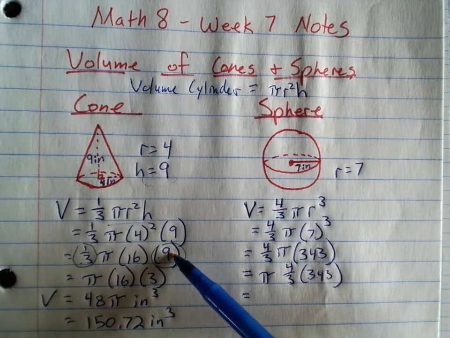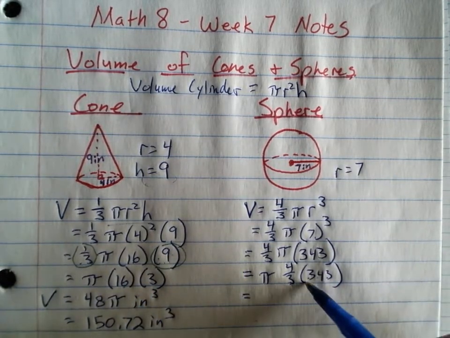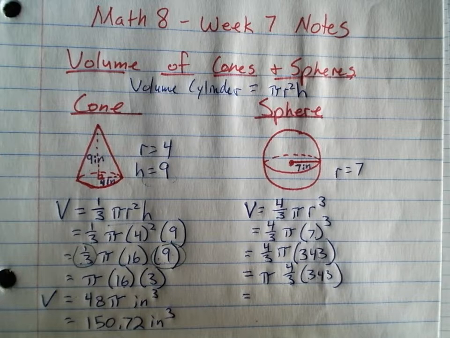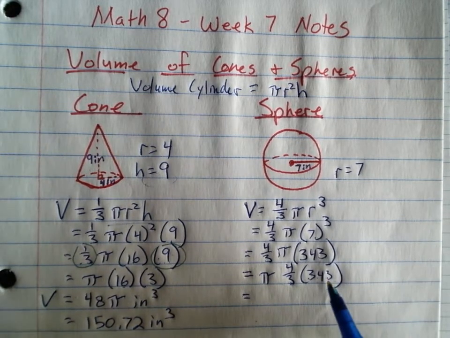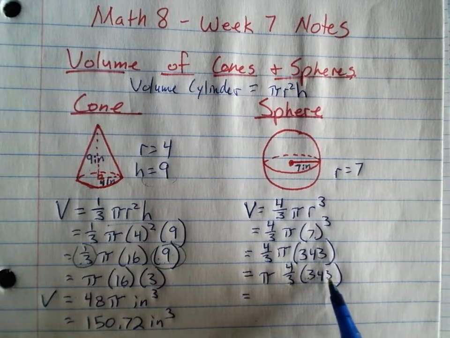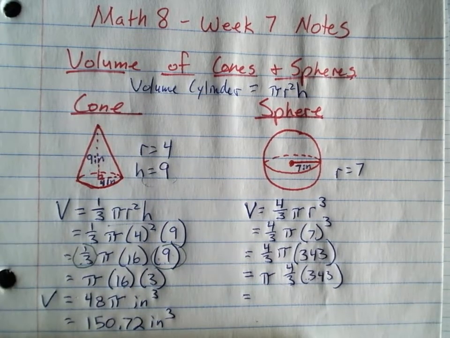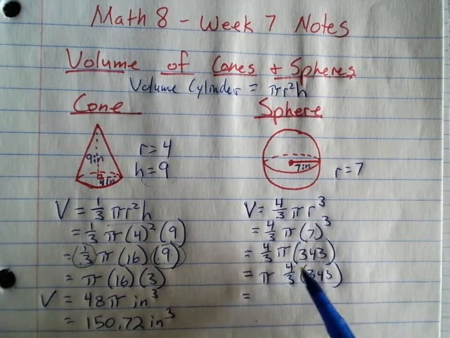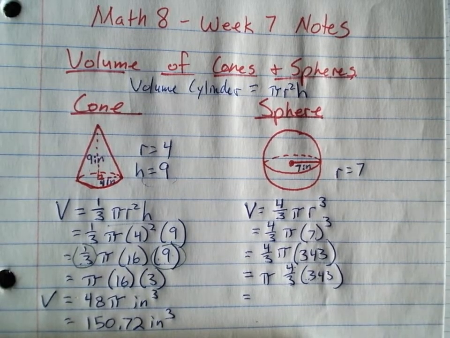That meant I divided 9 by 3. I could do 343 divided by 3, but that's not going to come out evenly; it's going to give you a decimal. So what I'm going to do is 4 times 343.